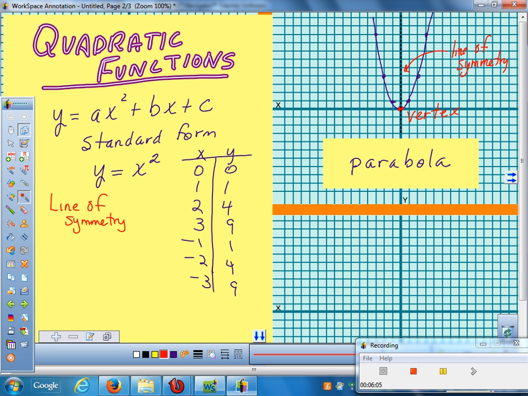How did you write the equation of a vertical line? X equals. So I'll be asking you to come up with the equation of the line of symmetry. So it's always going to be x equals whatever the x-coordinate of the vertex is. It has to go through the vertex. So whatever the x-coordinate of the vertex is, that's how you're going to get your line of symmetry. If the vertex is over at 2, then it's going to be x equals 2. So whatever x-coordinate you're going through, that's the number you put in there.